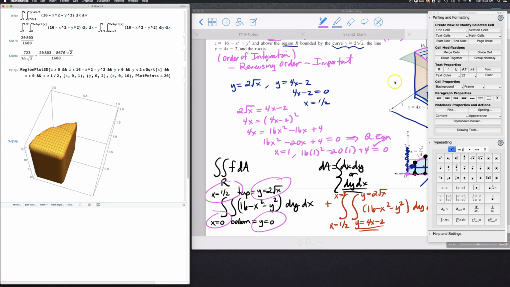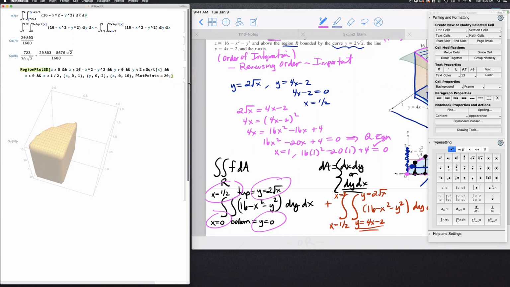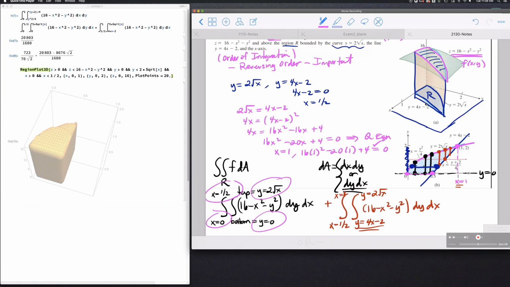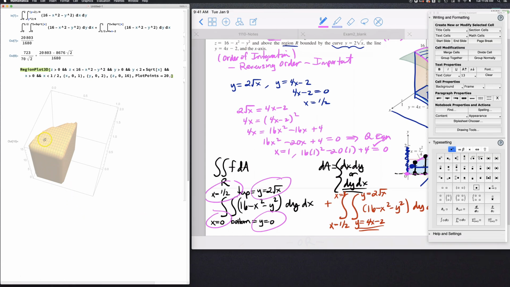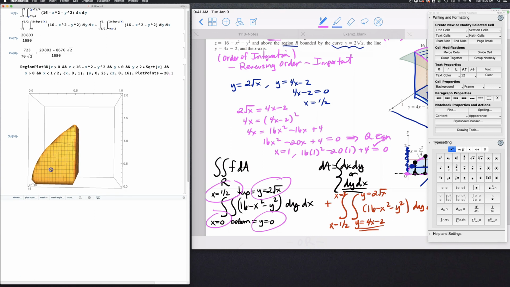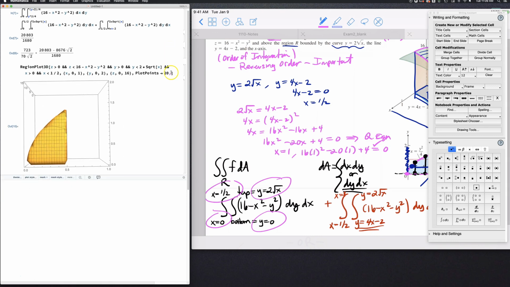So what we're seeing here is only part of the region. It's the part of the region that is over this first triangular piece, and I think that's what we're seeing here. If you look at this from the top, it's the triangular piece.